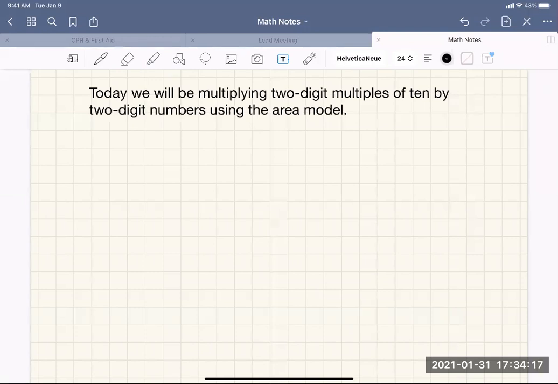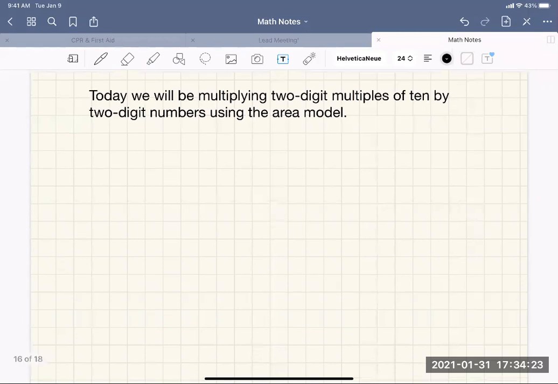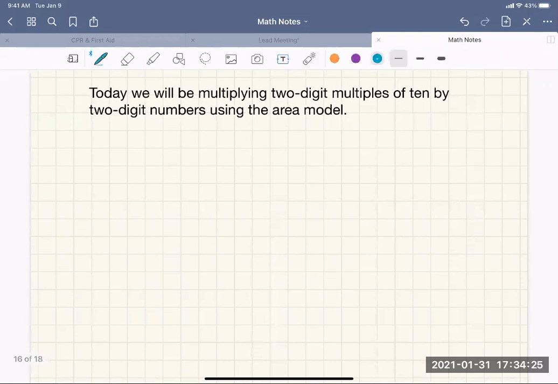We've seen the area model when we've multiplied 3-digit and 4-digit numbers by 1-digit numbers, like in both of these problems. And we've seen the area model used when we've multiplied 2-digit multiples of 10 by 2-digit multiples of 10.